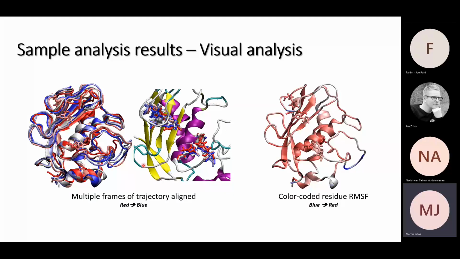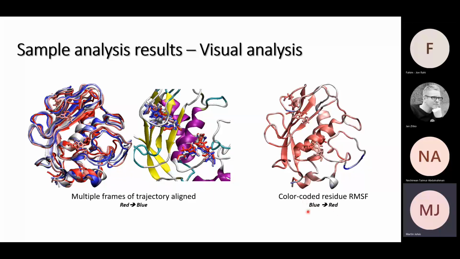You can take the snapshots and just align them and you will see where the difference is, or you can calculate the RMSD or RMSF, and then you take, for example, the initial state and plot the colors on top of the molecule, and you will see that in this case, the blue thing is something that is moving a lot, while the red thing is something that doesn't move that much.